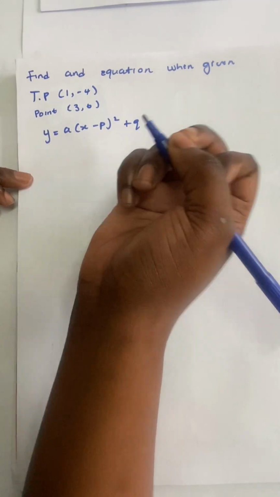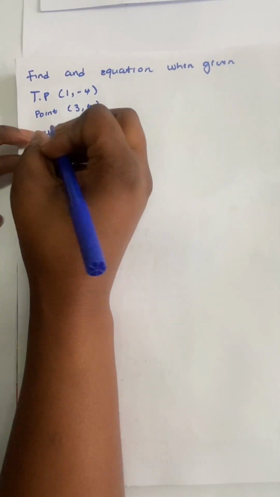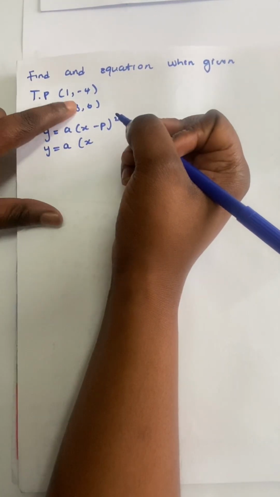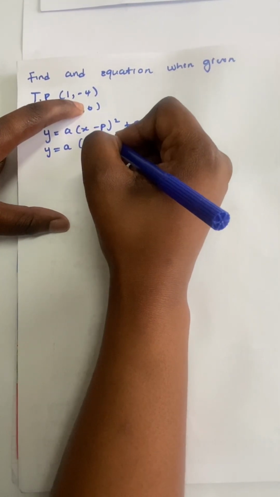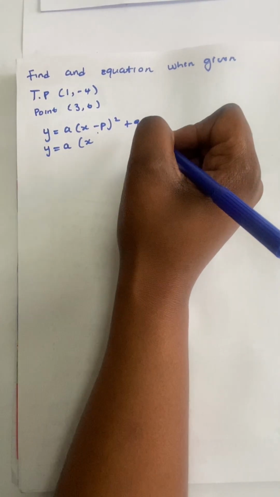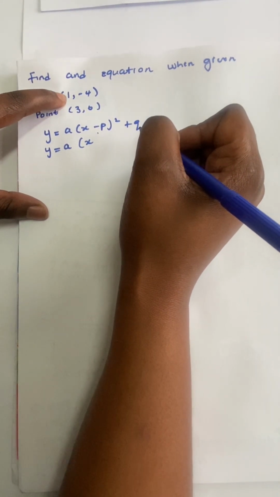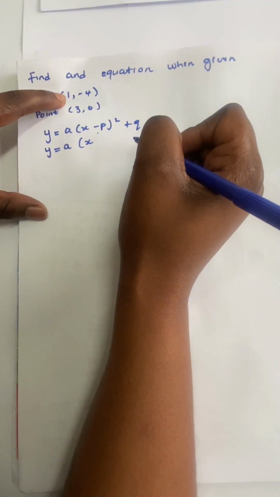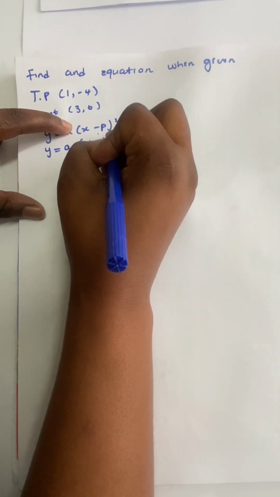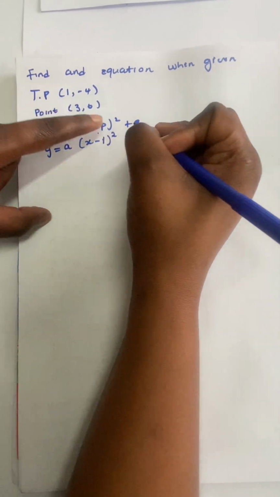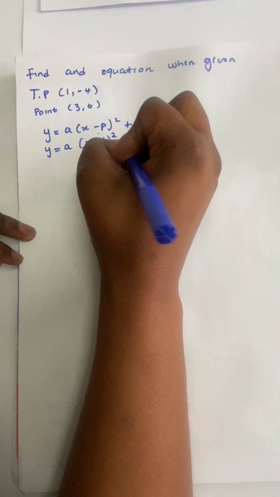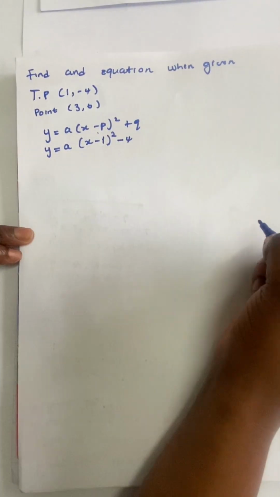Okay, so here is how we do it. y is equal to a, we don't have a, into x. We do have the coordinates. I said this p is the x coordinate of the turning point, and this q is the y coordinate of the turning point. So p here is negative, so it becomes positive, so it's going to be x minus 1 squared, and then q doesn't change the sign, so it's going to be minus 4.